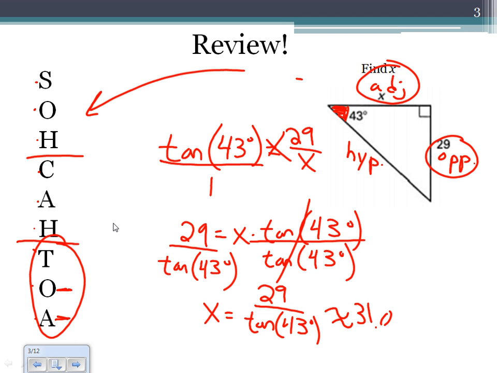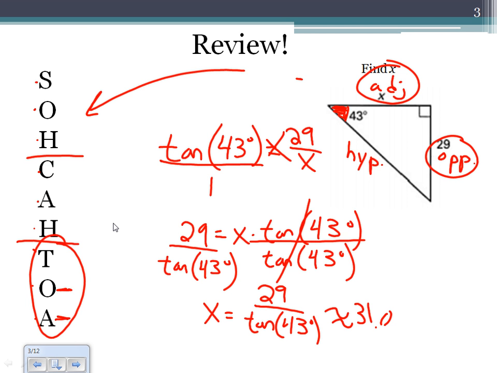I got 27. Can you check your answer? Check your rounding. 29 divided by tangent 43? It should be bigger than 29. 31. Is your calculator in degrees?